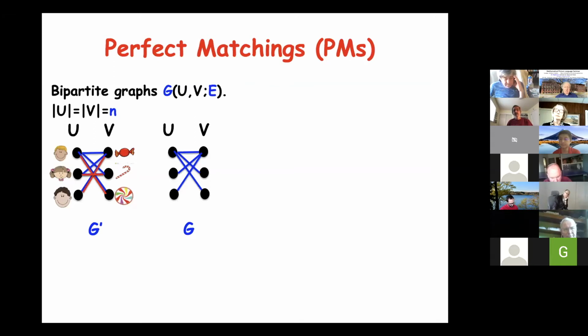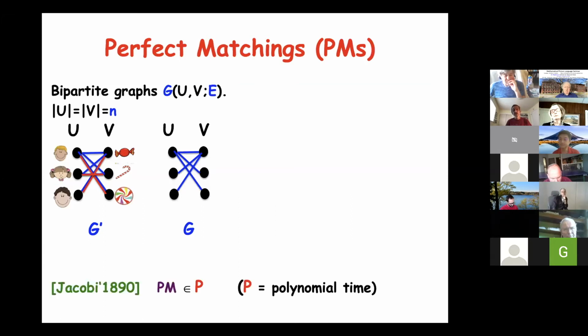Whenever you have a combinatorial problem, and this is a connection we'll see, an optimization problem, often it's useful to represent it algebraically, and there's a very natural algebraic representation. By the way, I should say that this problem is so old that even Jacobi, in his work on ordinary differential equations, already found a polynomial time algorithm for this problem.